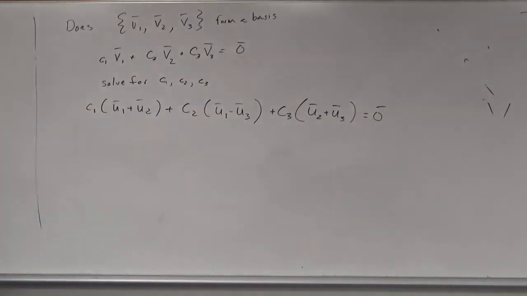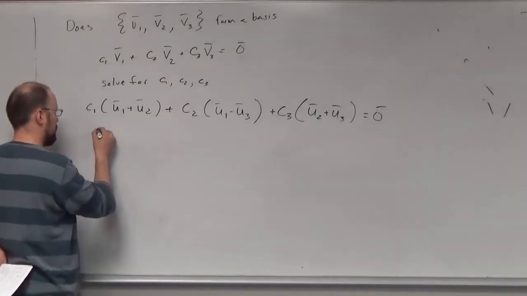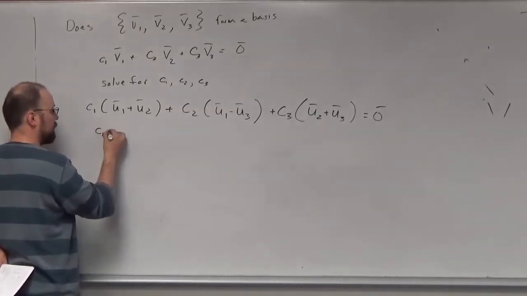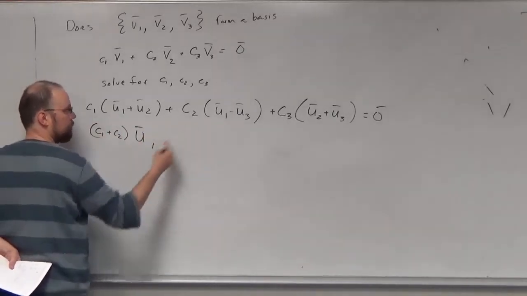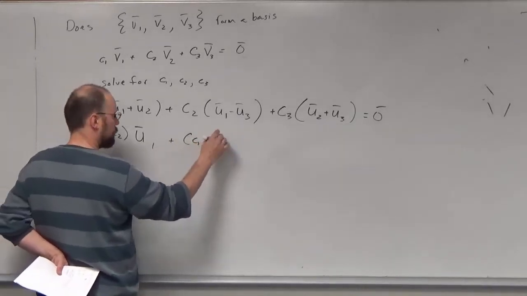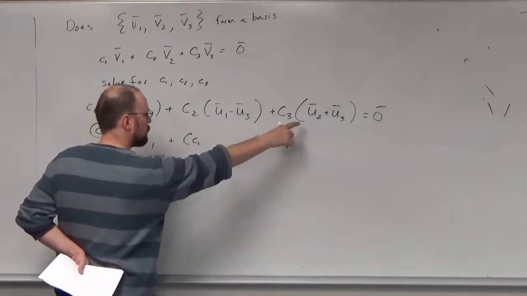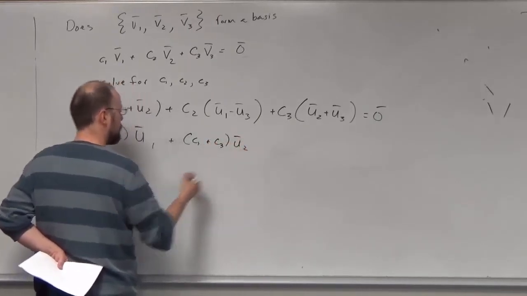Distribute the scalars and then combine. We have C1 plus C2 times the vector U1, and we have C1 plus C3, correct? Times U2.